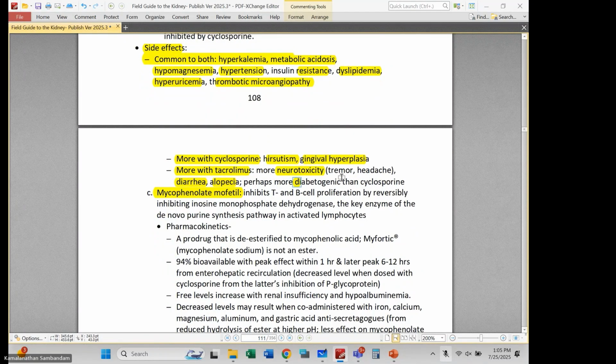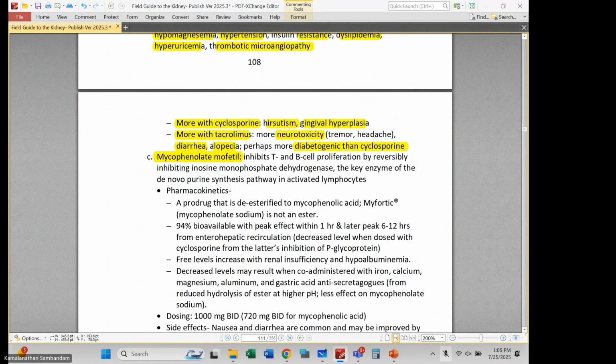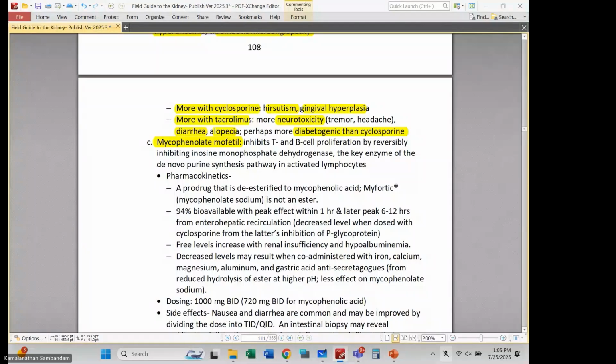It is thought to be more diabetogenic than cyclosporin. There may be a difference in dyslipidemia as well. Some have shown that the dyslipidemia with cyclosporin might be worse than the dyslipidemia of tacrolimus. But diabetogenic, tacrolimus seems to be more diabetogenic than cyclosporin. Okay.